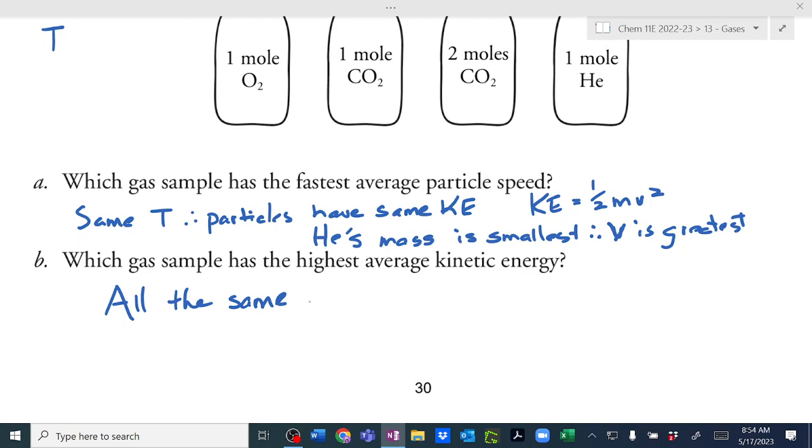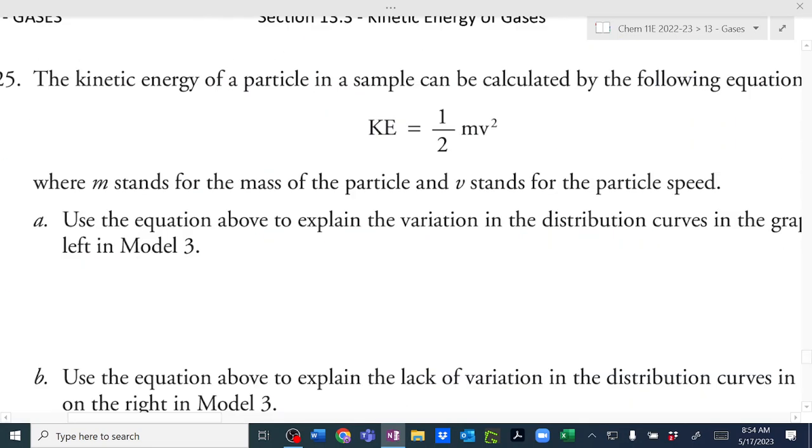I will look that up because that made me think as well. I was like, is it the one with 2 moles? I don't think it is, but I will double check that for you. In fact, I have an answer key. Let's see what they say in the answer key, because I feel like because it's average, it would be the same.